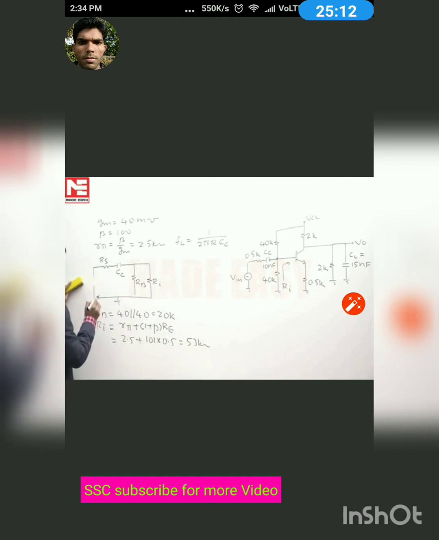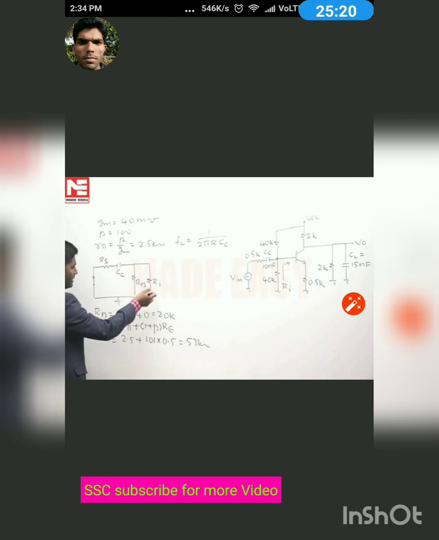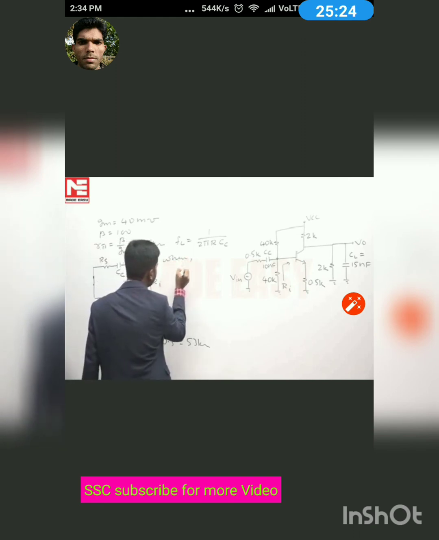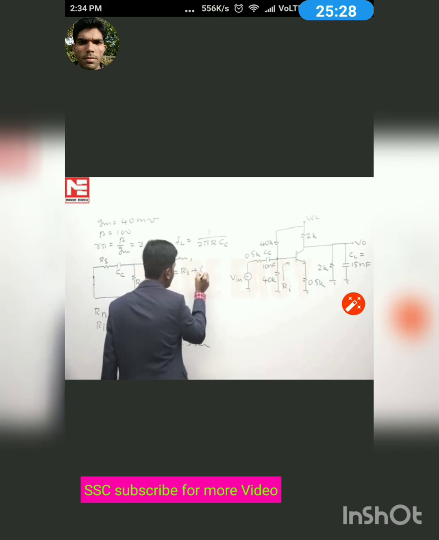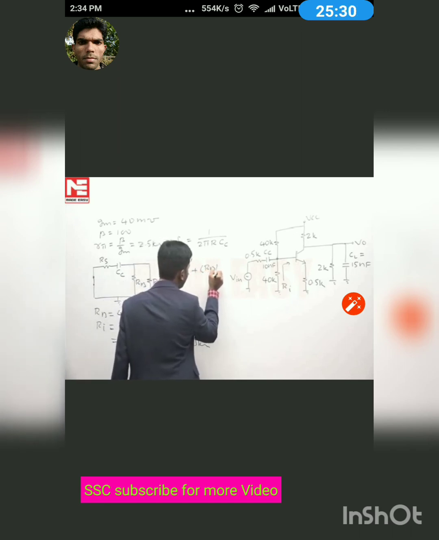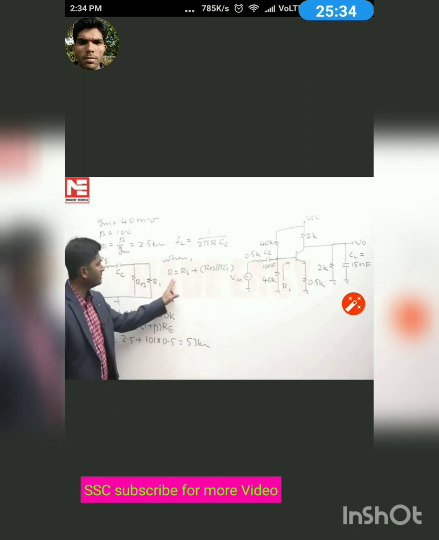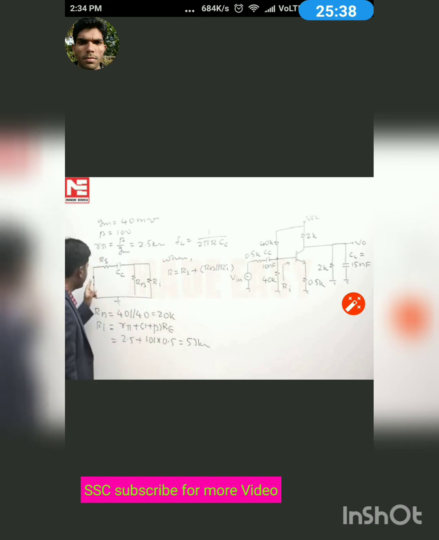When I deactivate this source, the resistance seen by this coupling capacitor will be Rs plus this parallel combination. So R is equal to Rs plus the parallel combination of Rb and Ri. This is the resistance seen by this coupling capacitor under the condition that the signal source is deactivated.